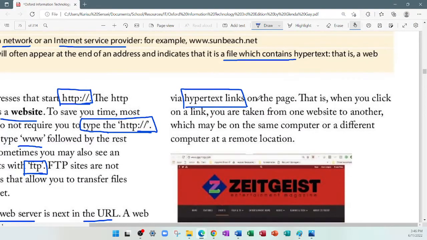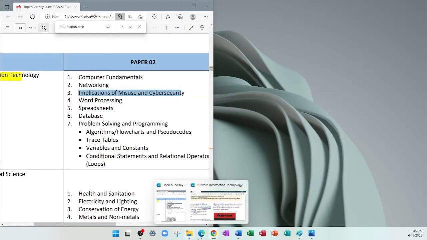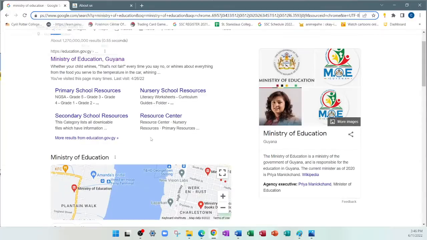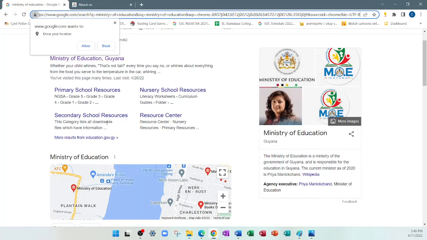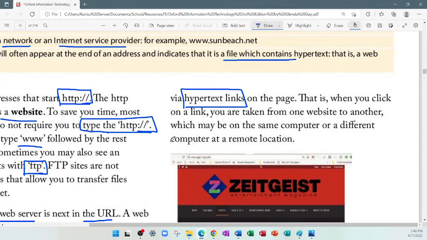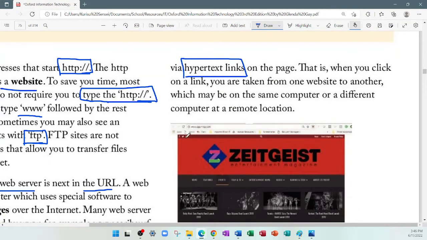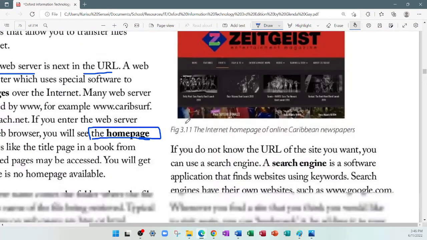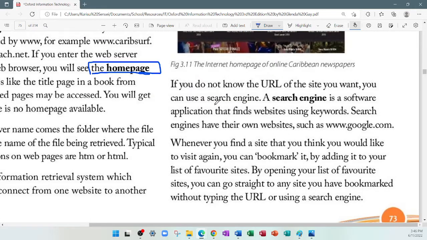They take you to another location, but not only that, they can facilitate the downloading of files or accessing certain resources and so on. It's not only for taking you to another part of the website. You can access resources using them.